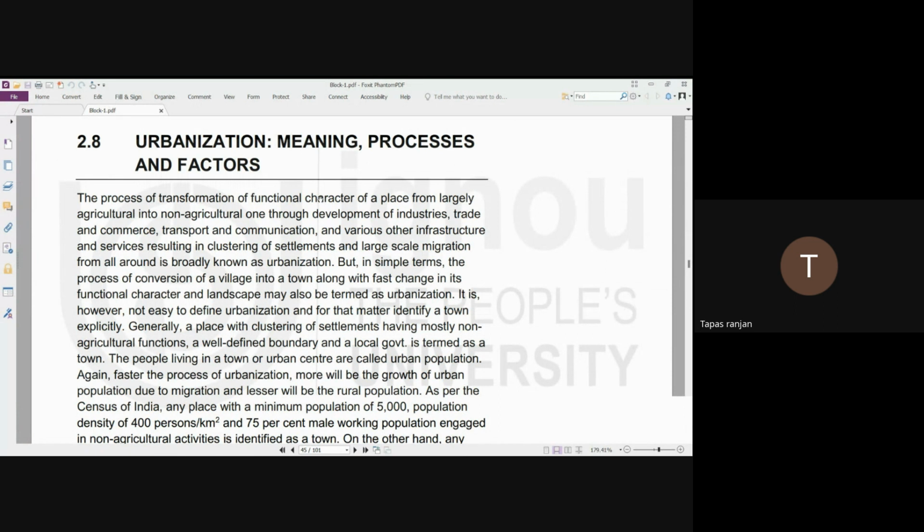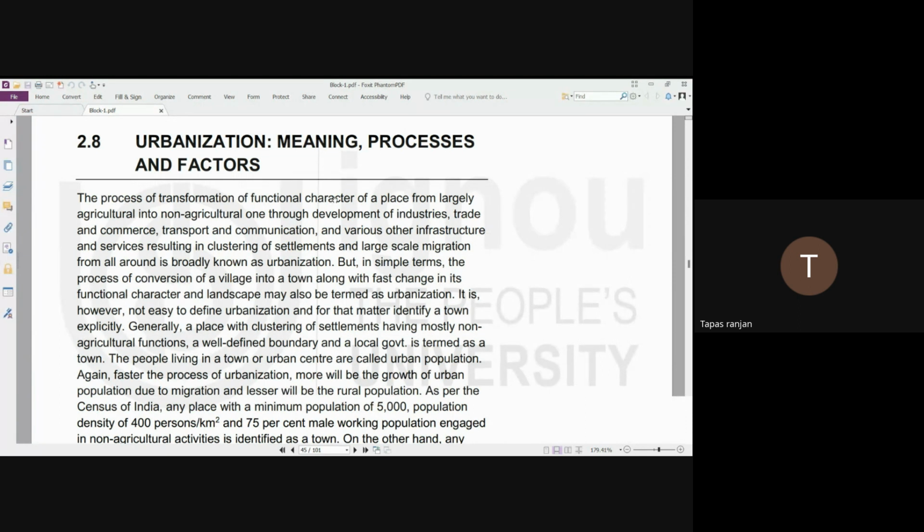And broadly, if we look into the definition of urbanization, it is the process in which agricultural areas are transformed into non-agricultural ones, through the development of industries, trade and commerce, transport and communication, and different infrastructure facilities. Through these facilities, these regions are turning into urban areas. This process is known as urbanization.